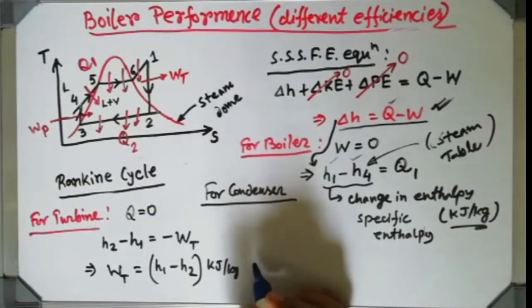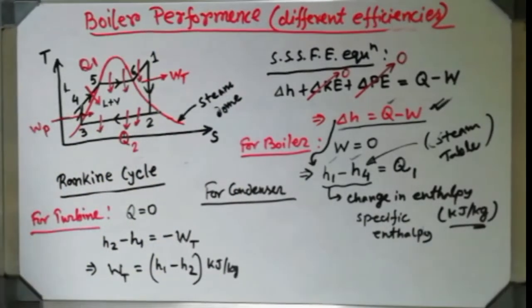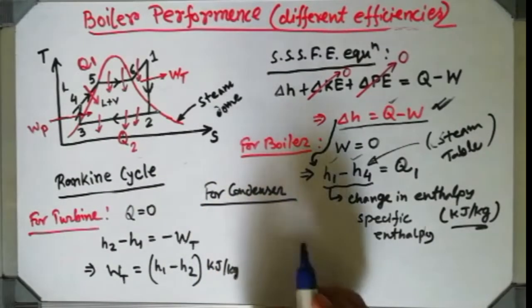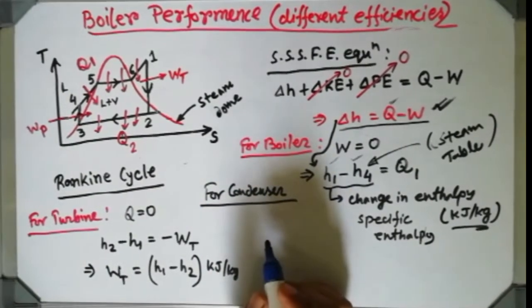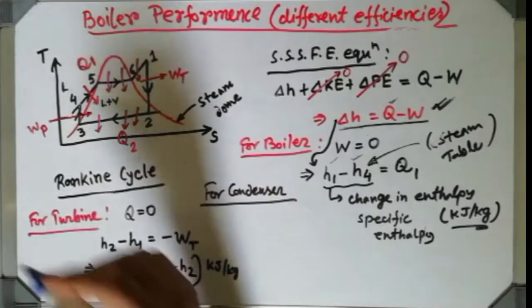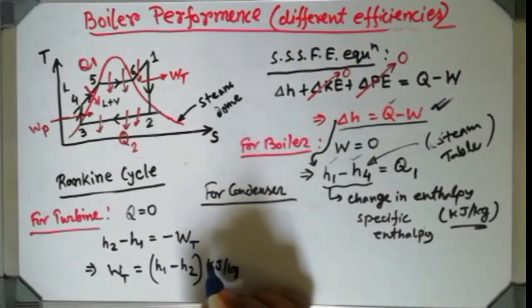Then coming to the condenser. For the condenser, obviously some heat is being rejected from the condenser, so it's a heat rejection device. Here also there is no moving part. If there is no moving part, then no work is being produced inside the condenser, but heat will be there, heat is rejected. So I can write the same steady state steady flow energy equation.